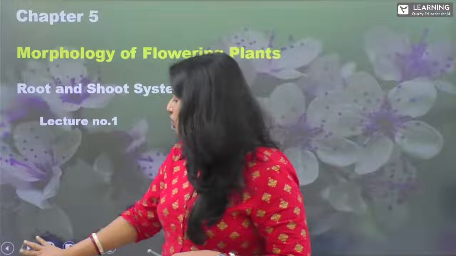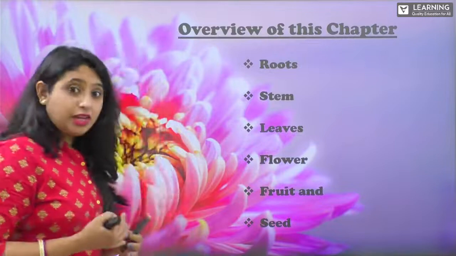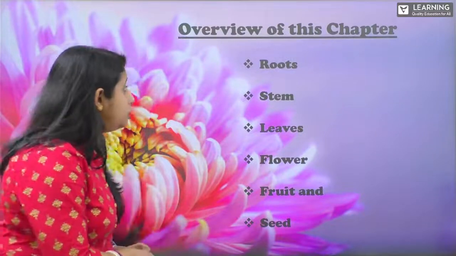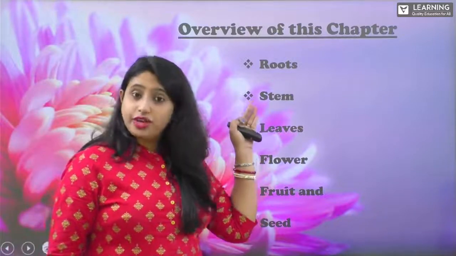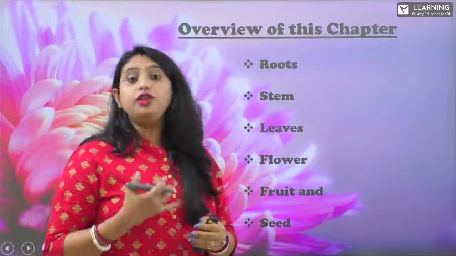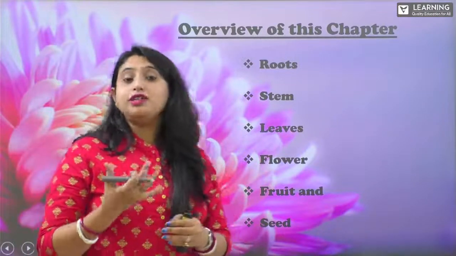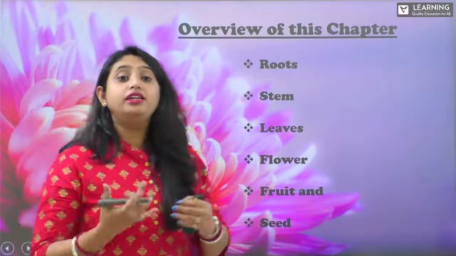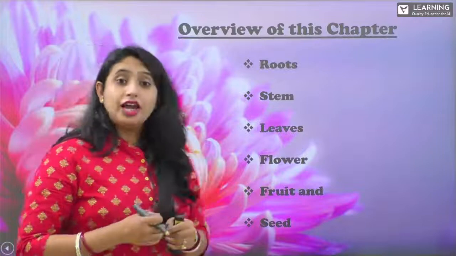So what you are going to learn in this chapter. I always give you an overview, right? You are going to learn about the roots, the various types of roots, the function of roots, and also the modification of roots, why the roots modify themselves. Next we will be learning about the stem.